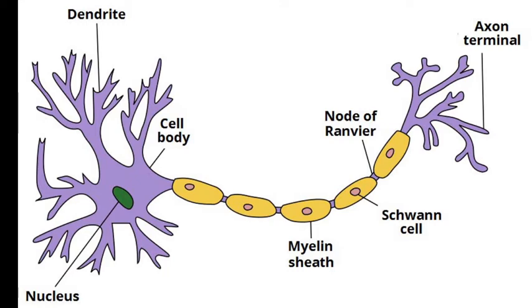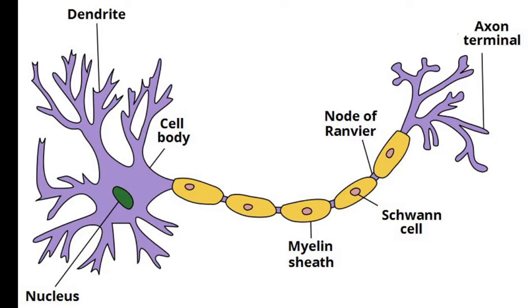We have discussed that the cell is the structural and functional unit of any system. In the same way, the cells of the nervous system are called neurons. The neuron is the largest cell of the human body. The structure of a neuron consists of three main parts: axon, dendrites and cell body.